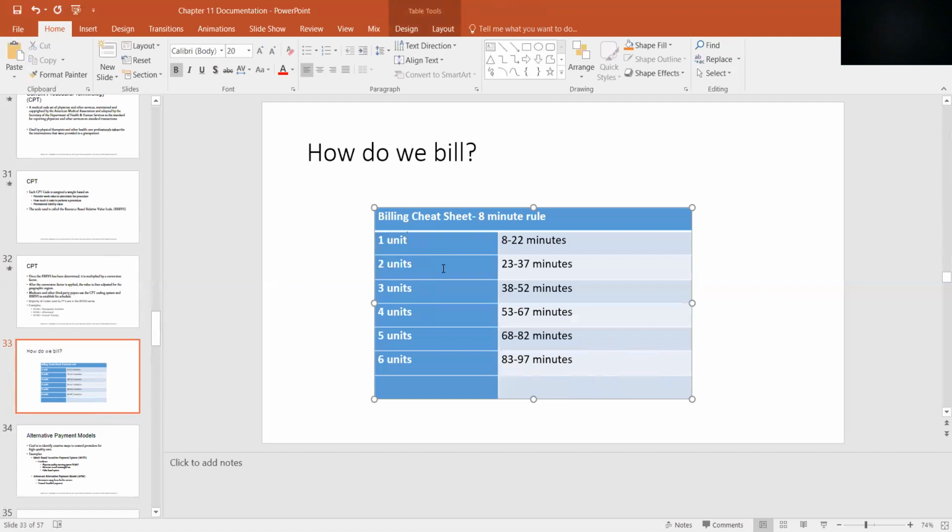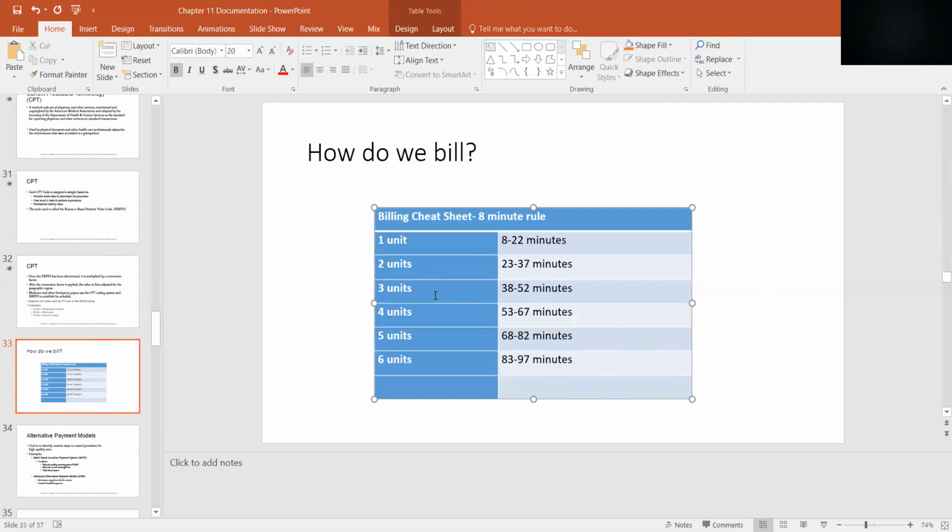Those together would be one unit of one and one unit of the other, equaling two units. And the time that you spend doing them has to be between 23 and 37 minutes. Okay, in order to get up to 3 units, and again, it can be 3 units of the same thing.